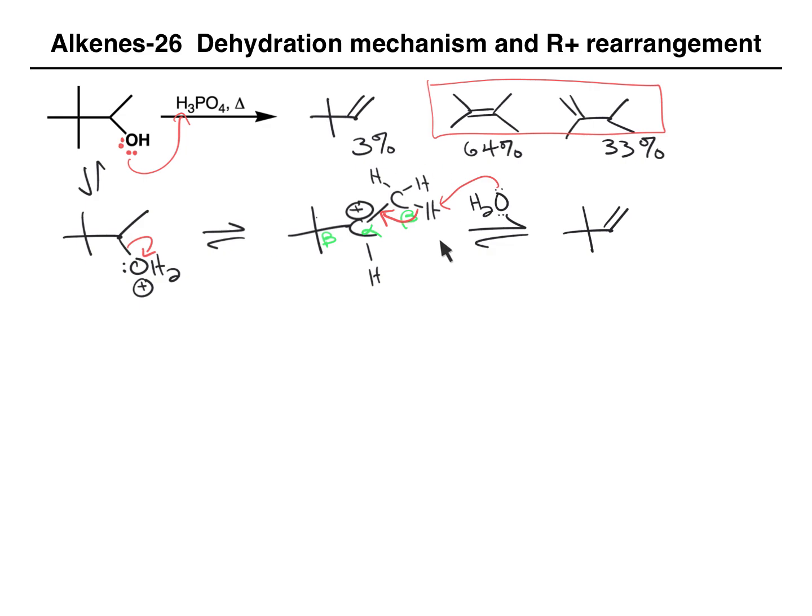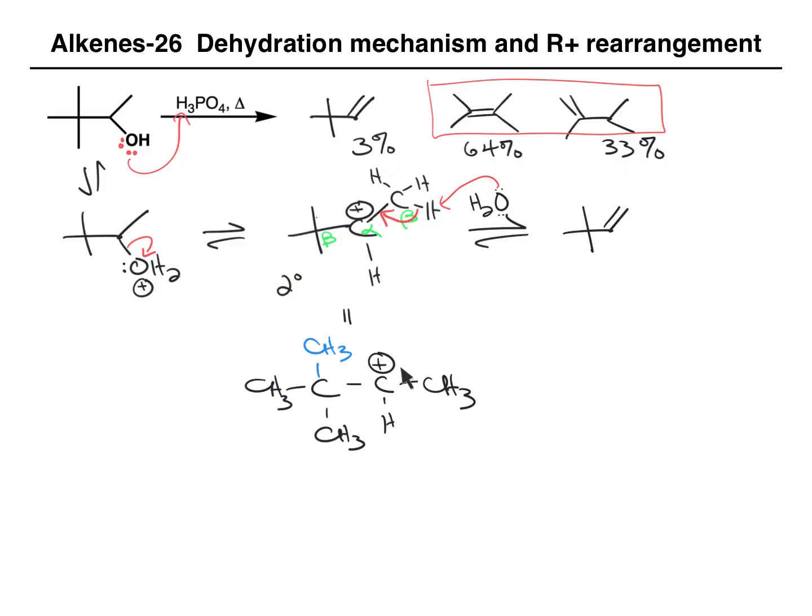But let's come back and take a look at this carbocation intermediate. So we know that this is a secondary carbocation, and we need to consider the possibility of carbocation rearrangement if a secondary carbocation can rearrange to a more stable tertiary carbocation. I'm going to redraw this. So here we have a CH3, here's our CH, this is our carbocation, here's a CH3, and here is our other CH3.